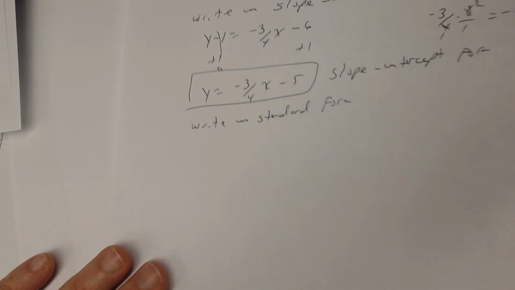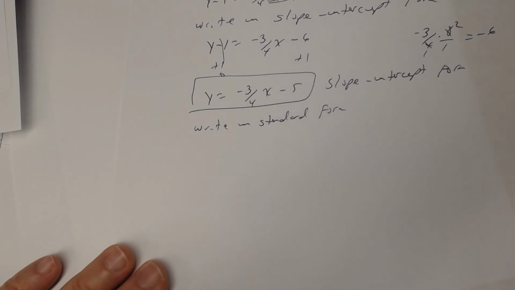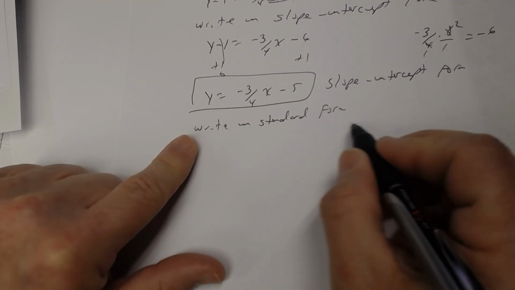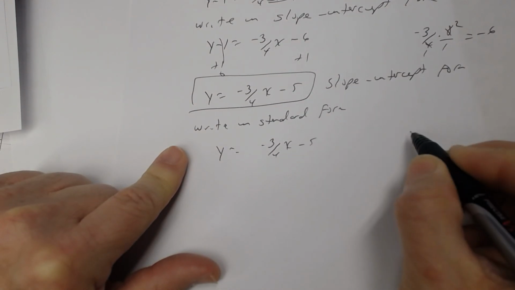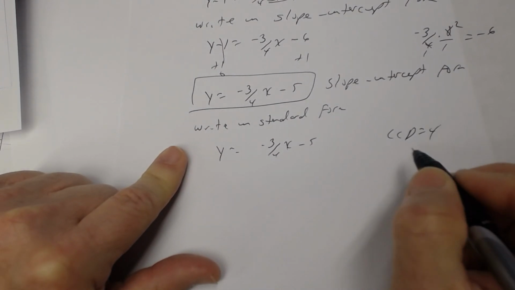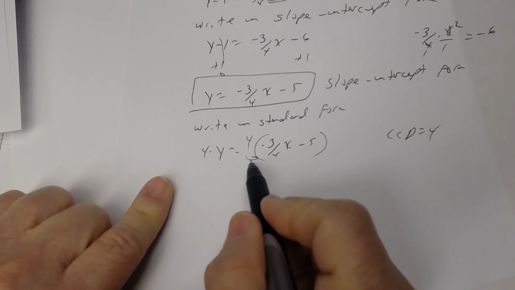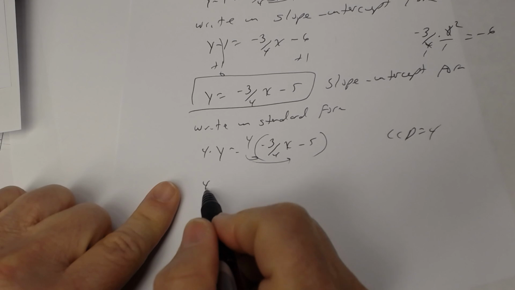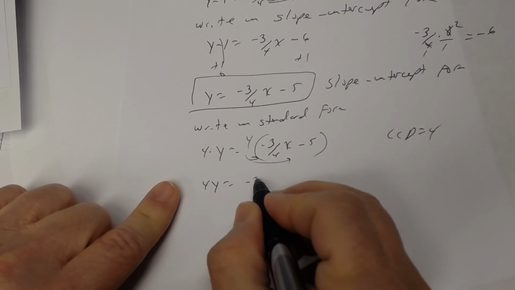So that's where we're going to clear the fractions, bring all the variables to one side, constants to the other. Okay, so in this case, let me go ahead and rewrite this over. So your LCD is 4. So I'll multiply both sides by 4. And I'm going to distribute. So this is 4y equals 4 times negative 3/4 x is negative 3x.